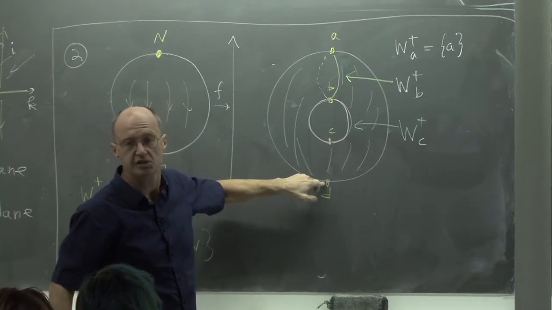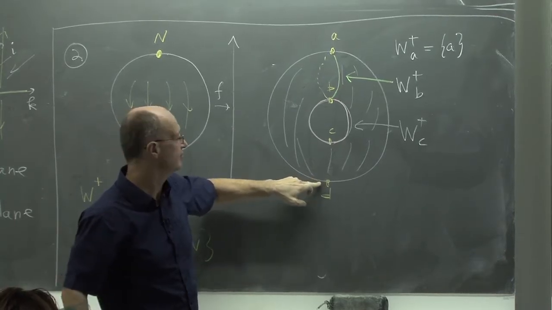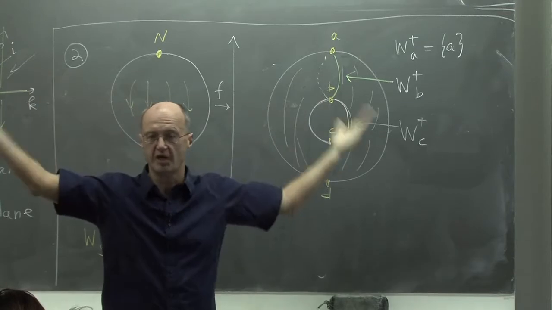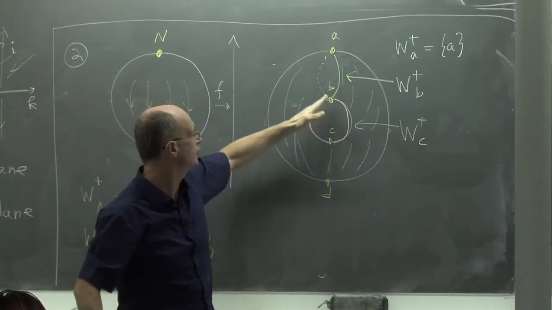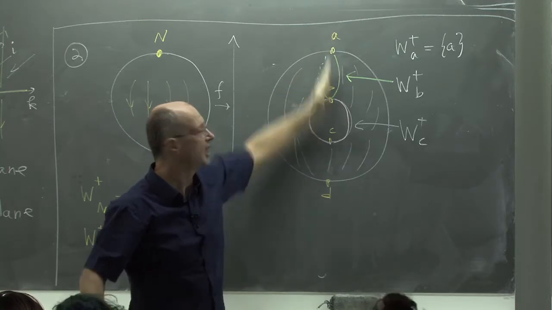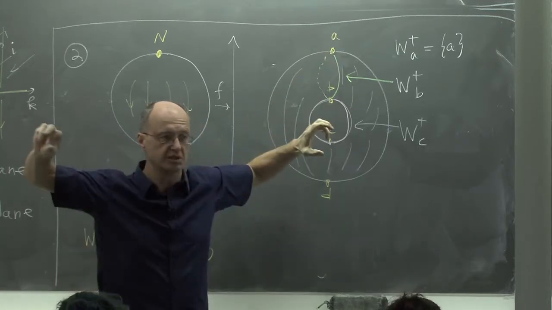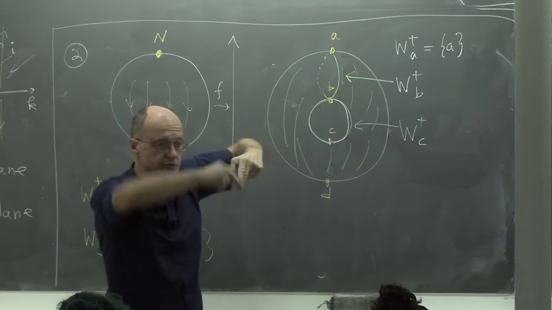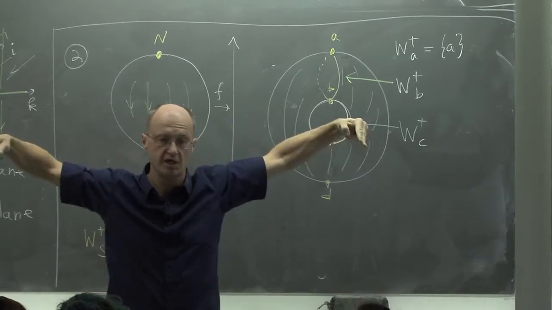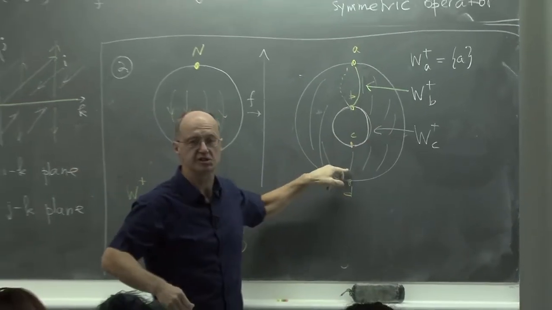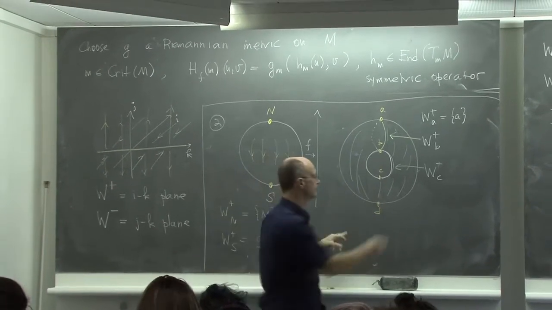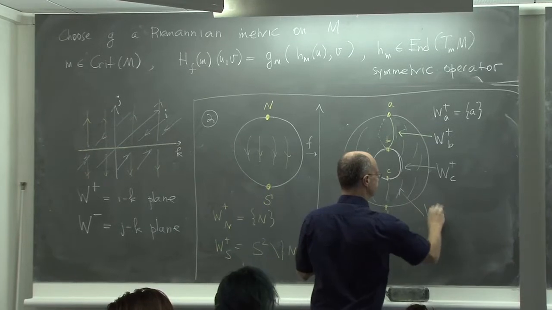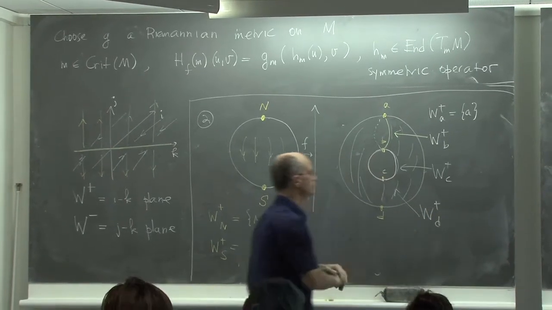Now, what's the stable submanifold for D? How can you imagine it? It's two-dimensional. You first cut your torus there, so you get a cylinder, and then you cut the cylinder again. So this is a product of two open intervals. That is the stable submanifold for D.